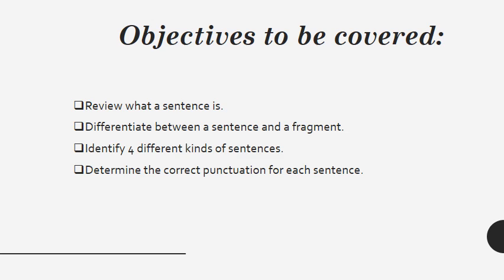And you would ask, what is a fragment? Wait until we reach this slide and you will know what a fragment is. Then we're going to be able to identify the four different kinds of sentences. Plus, you are going to be able to determine the correct punctuation for each sentence. Are you ready? Let's start.